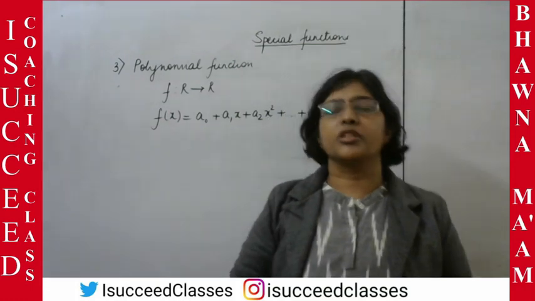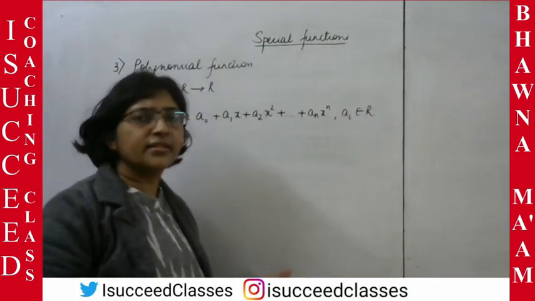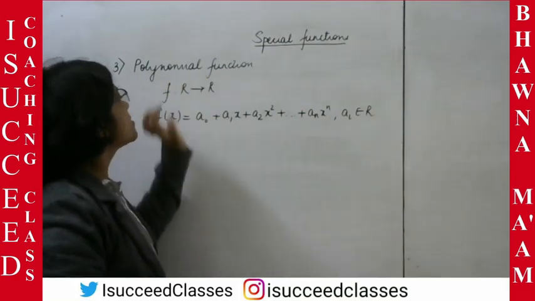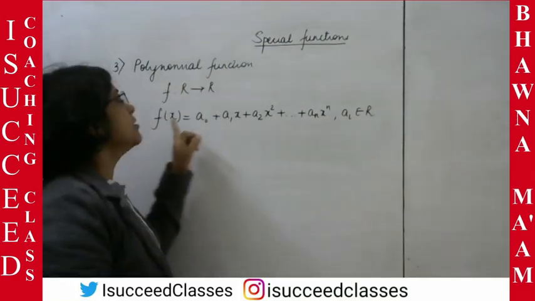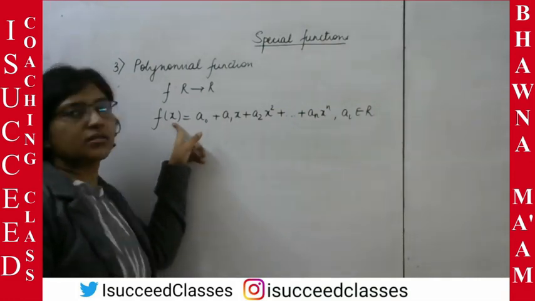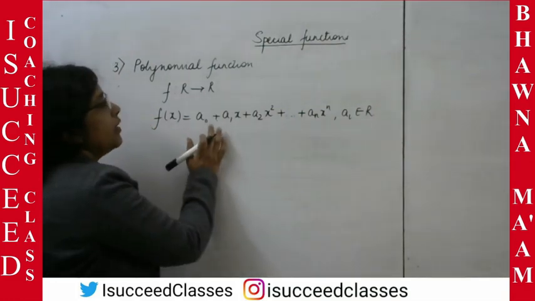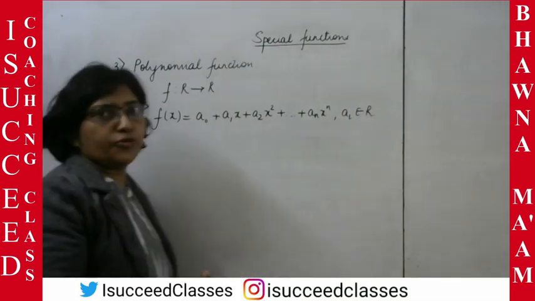The polynomial function is basically what we studied in class 10 or the earlier classes. This is a polynomial expression wherein we write the image also. We have various types of polynomial functions.